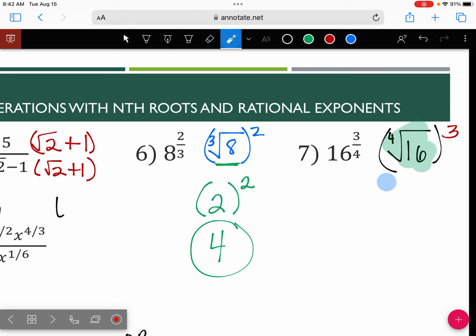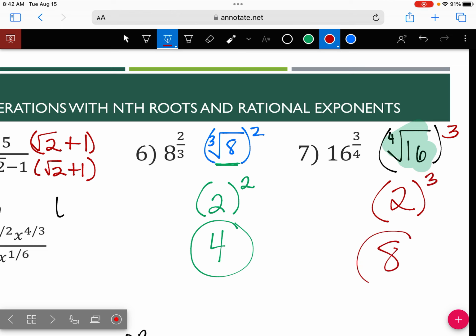Okay. Because my index is 4 and the power is 3. So that should be a 3 on the outside. So the 4th root of 16 is 2. And then we're taking 2 to the power of 3. 2 times 2 times 2, and that would be 8. And that's your final answer.